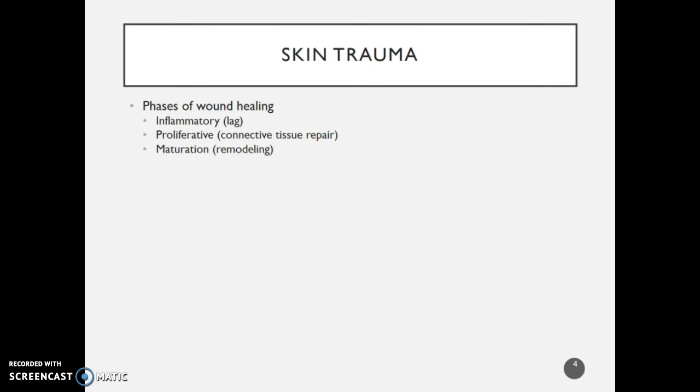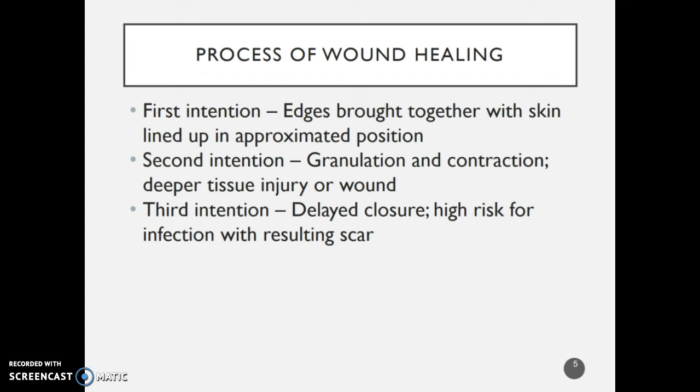These are the phases of wound healing, and when you have a little bit more time in your patho class, you should get into some more information about the actual healing process. The process is typically dealing with intentions: first, second, and third intention.